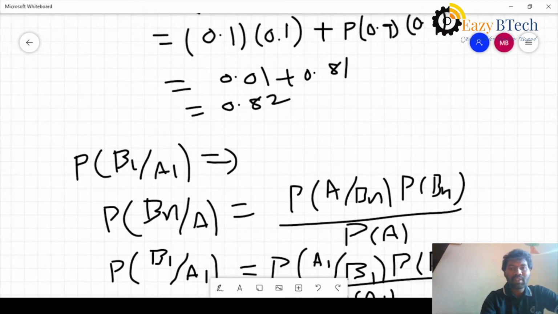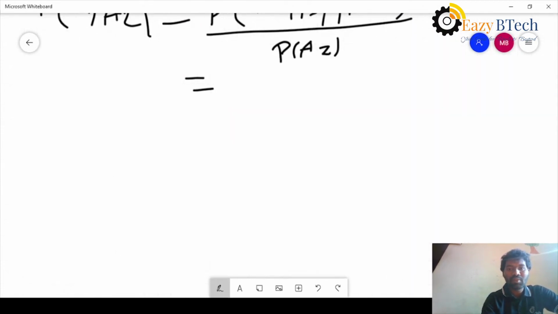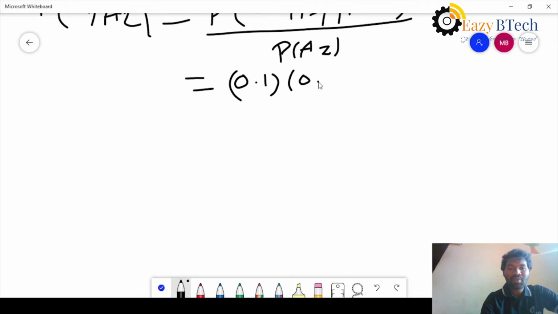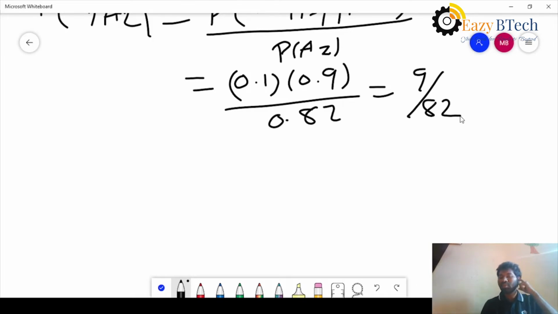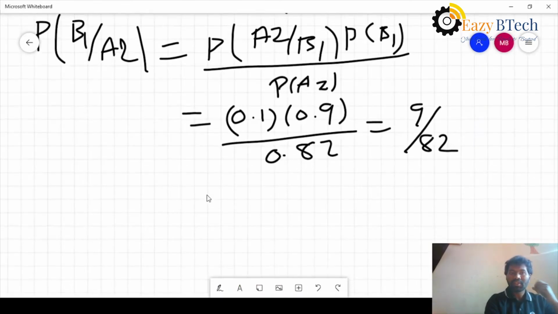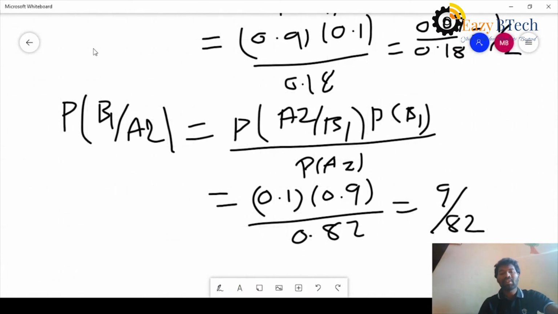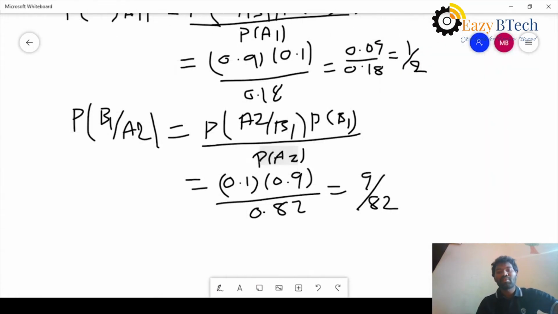So what you will write? 0.1 into P of B1, you take 0.9, and P of A2 we already calculated, it is 0.82. This means it is 9 by 82. So 9 by 82 is the probability of B1 given A2.